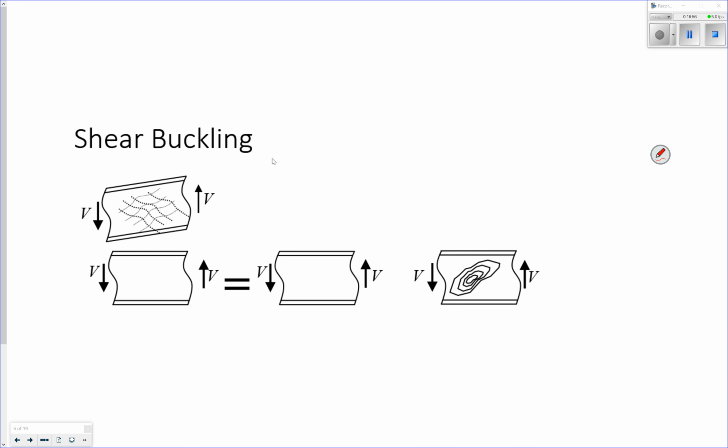So what is shear buckling? Let's say I'm looking at the web of my I-beam, and I'm going to look at a little element right here.